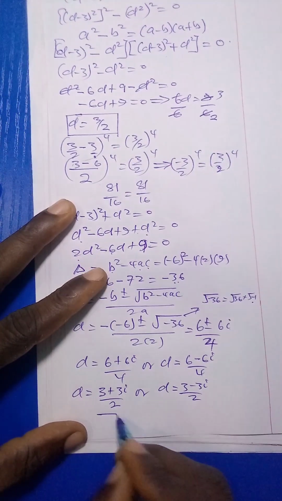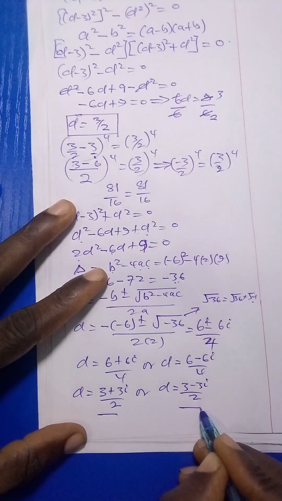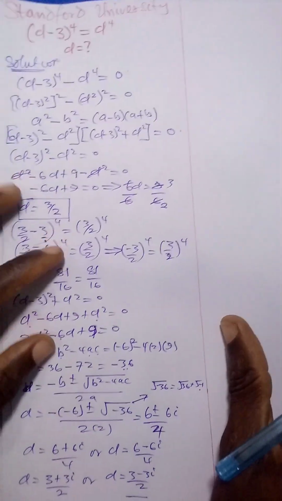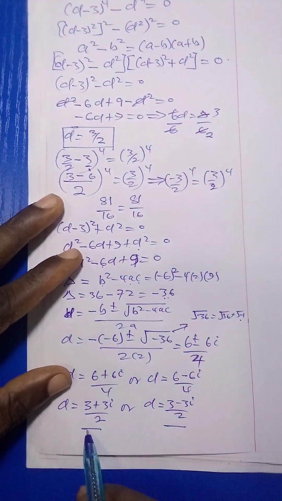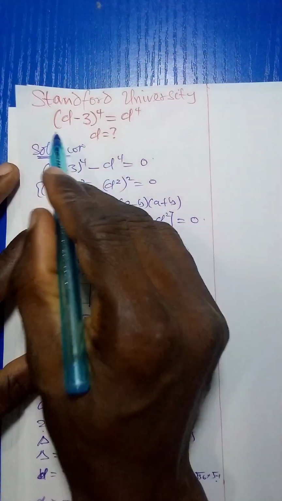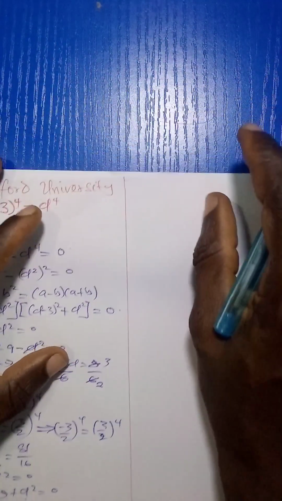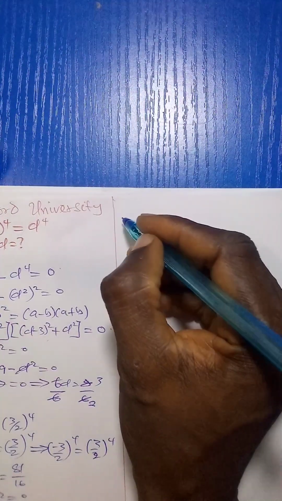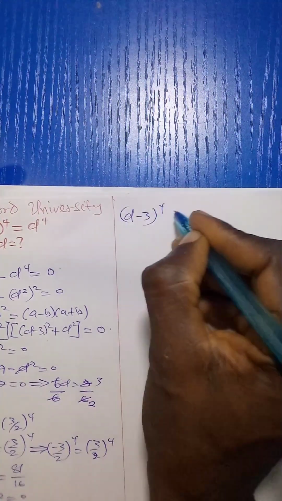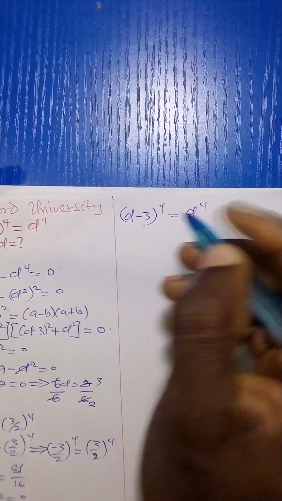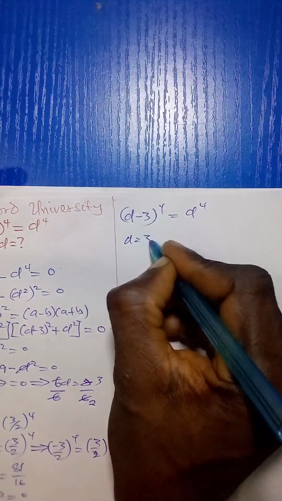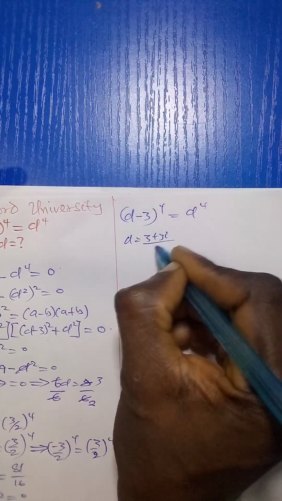Now we have two other sets of solutions. Let us now check if these solutions will satisfy this equation, and we are going to do it here. So the equation is d minus 3 over 4 is equal to d raised to the power 4, and in the first case we have d is equal to 3 plus 3i over 2.